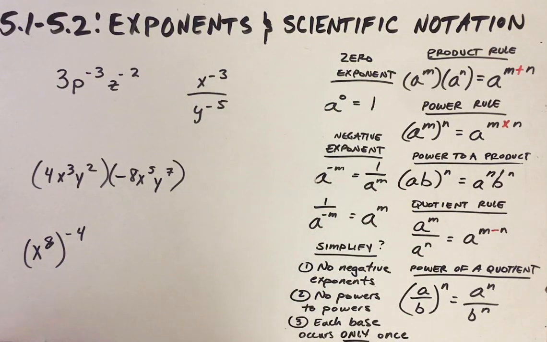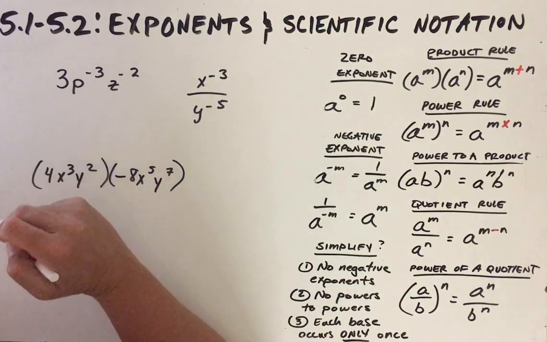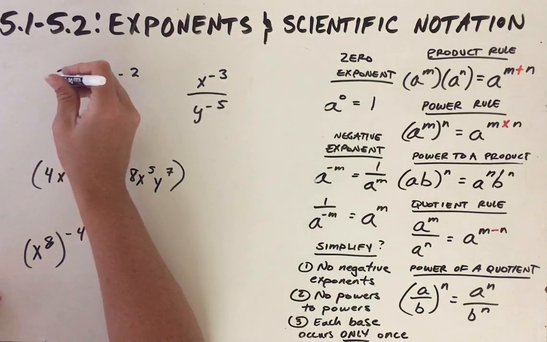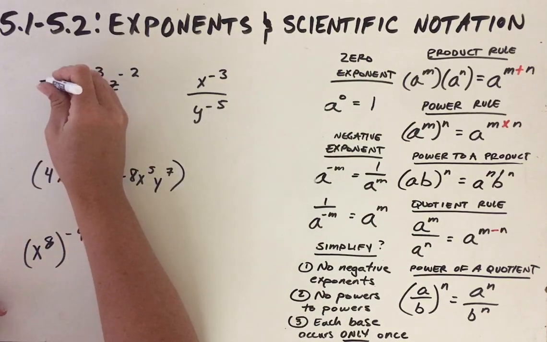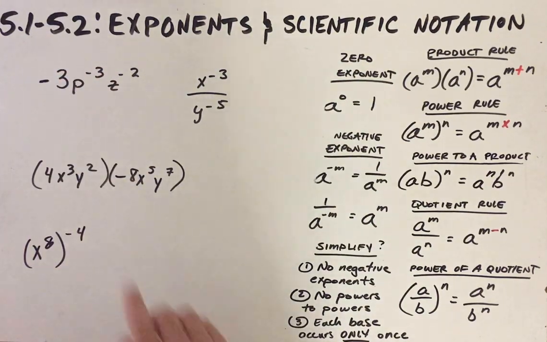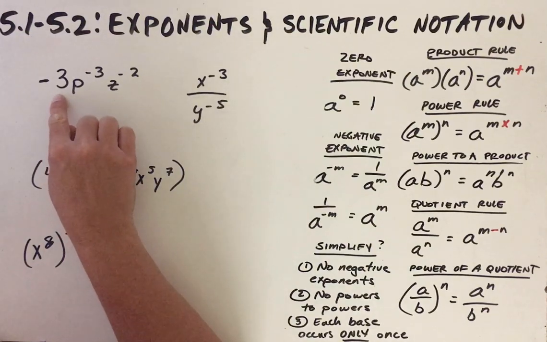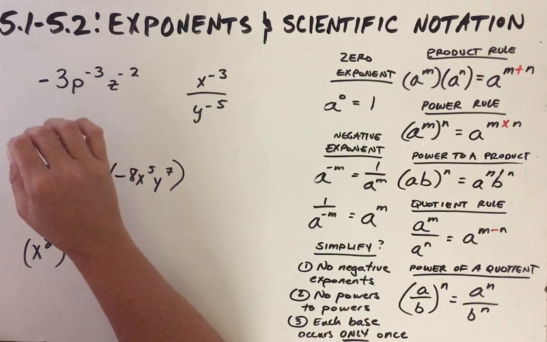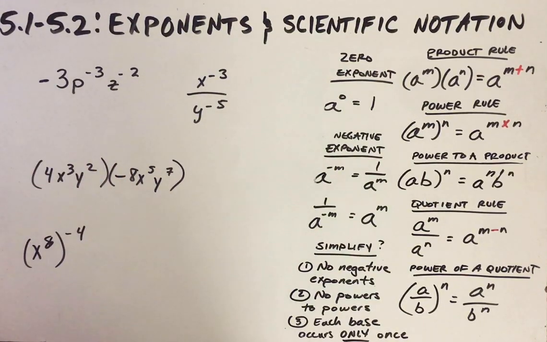Okay, so looking at this first problem, 3 is grand. It can stay right where it's at. In fact, let's make this 3 negative just so that we can drive home this point here. I cannot make this negative 3 positive by putting it downstairs because it's a constant. This constant says it has a value of negative 3. If I put it downstairs, I'm changing the value to a negative 1/3. 1/3 of a dollar is definitely not the same thing as $3, so I don't want to change the value.